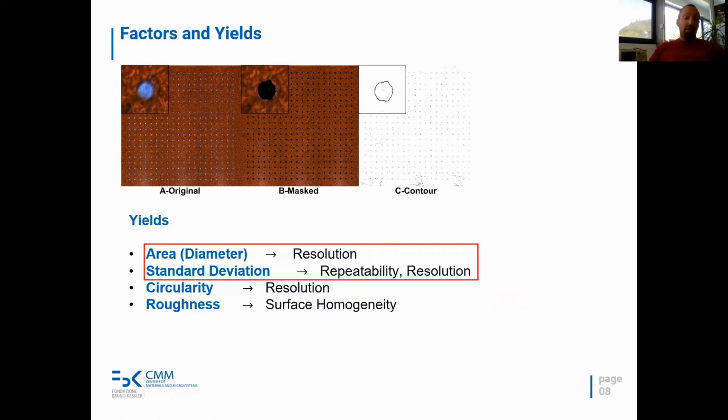We also calculated the circularity, and we also performed some measurements on the roughness. However, in this presentation, I'm going to present only the results on the area and its standard deviation.